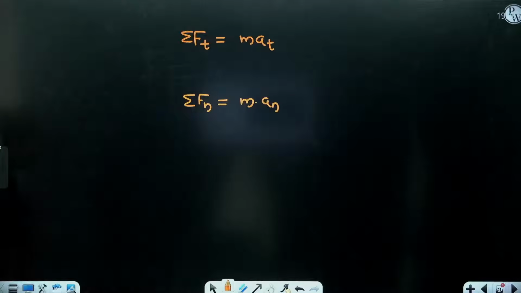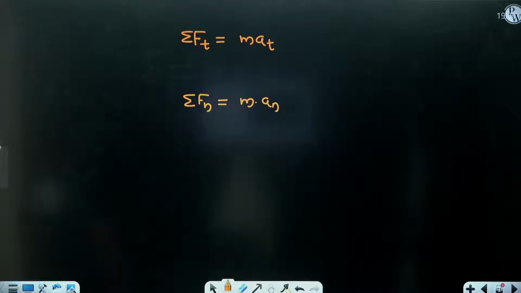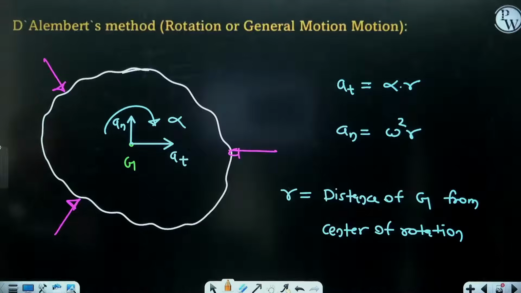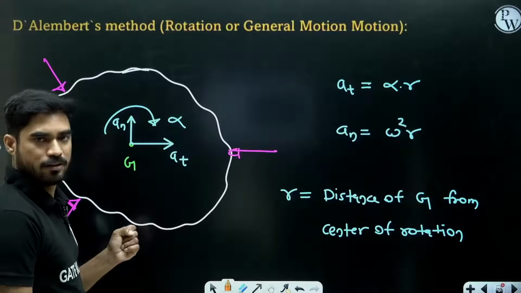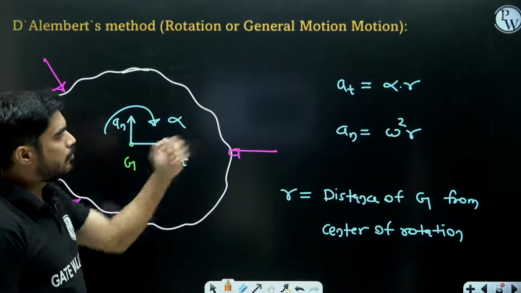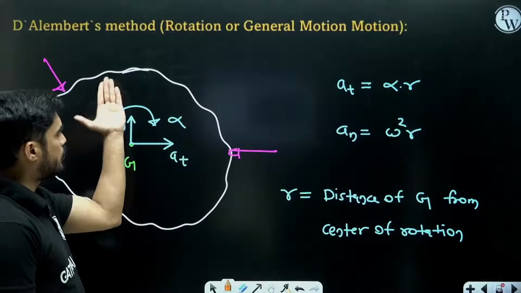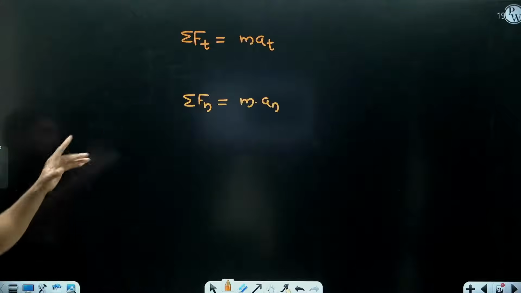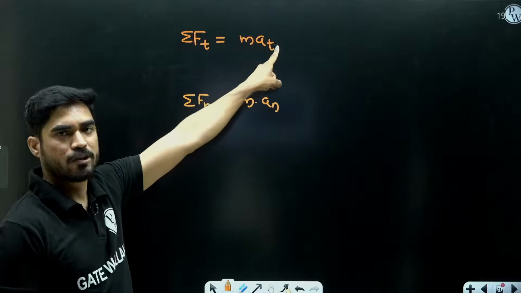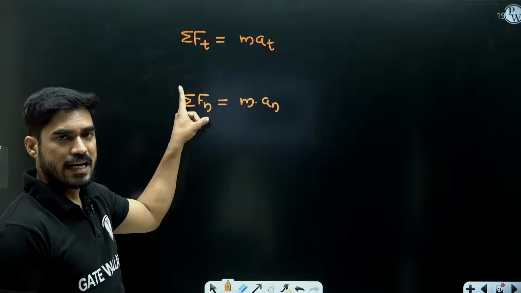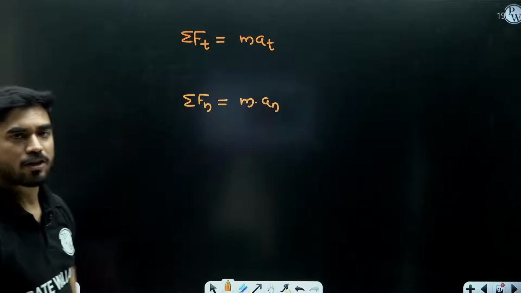Now this equation you have already used in translation motion, but there was only one acceleration. Here there are two accelerations, AT and AN. What is summation of Ft? It is the net force in the direction of AT. What is summation of Fn? It is the net force in the direction of AN.